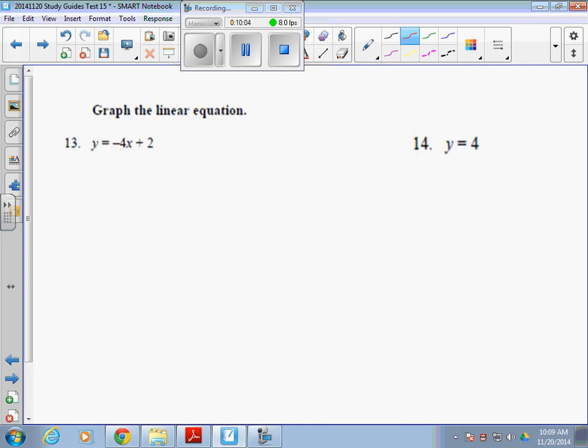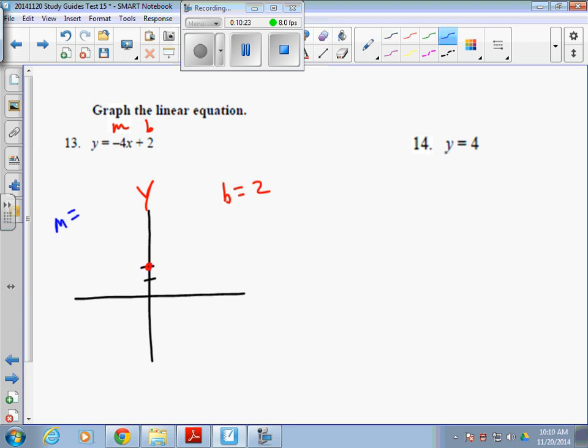Number 12 says to graph these linear equations. Y equals, this one's in nice and neat mx plus b form for you. There's your m, there's your b. So your b value is 2. So on your y-axis, remember that's the one going up and down, you begin at the number 2. Your m value is negative 4. We can write everything as a fraction.